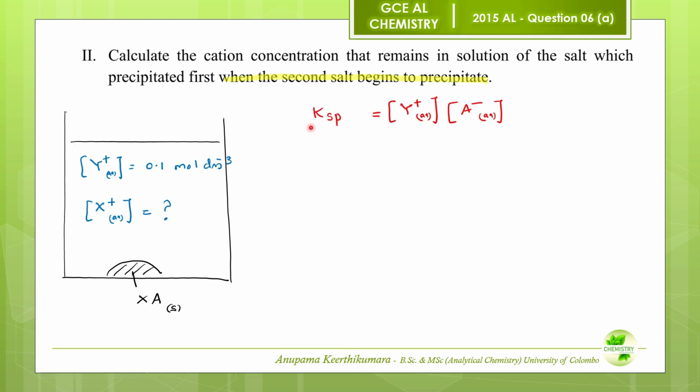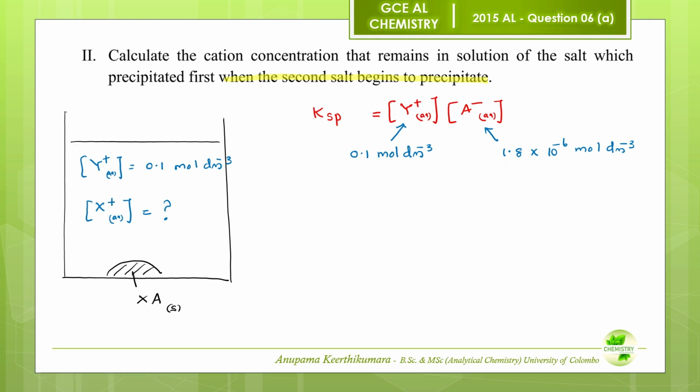When Ksp equals ionic product, the second salt YA begins to precipitate. At this time, Y plus ion concentration is 0.1 moles per cubic decimeter and A minus ion concentration is 1.8 times 10 to the negative 6th moles per cubic decimeter. We calculated this value during the previous question.